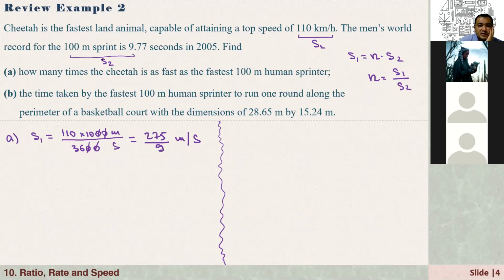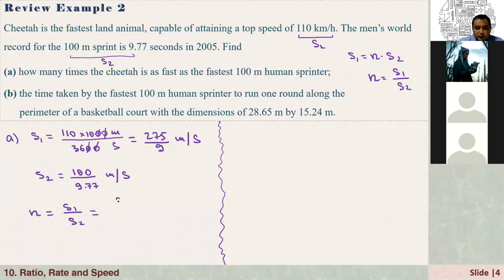And how about this one? This guy's speed is S2, equal to 100 distance over time, 9.77 meters per second, right? Now to find how many times the cheetah is as fast as this guy, that's just S1 over S2.